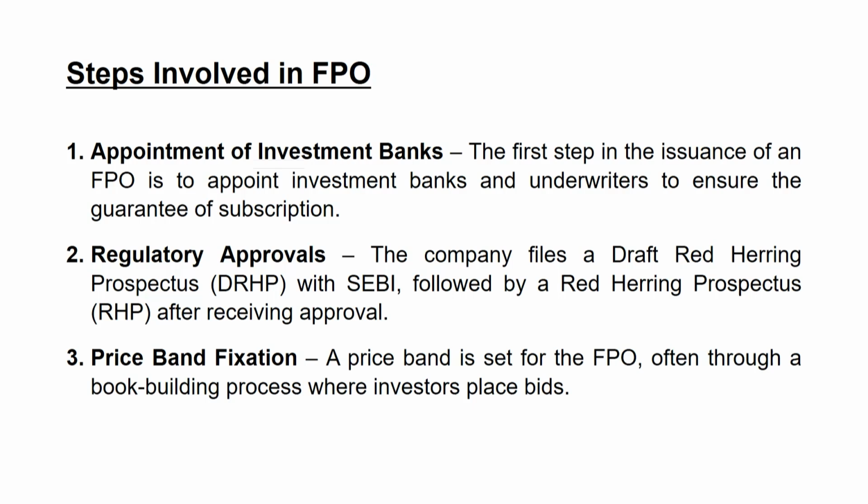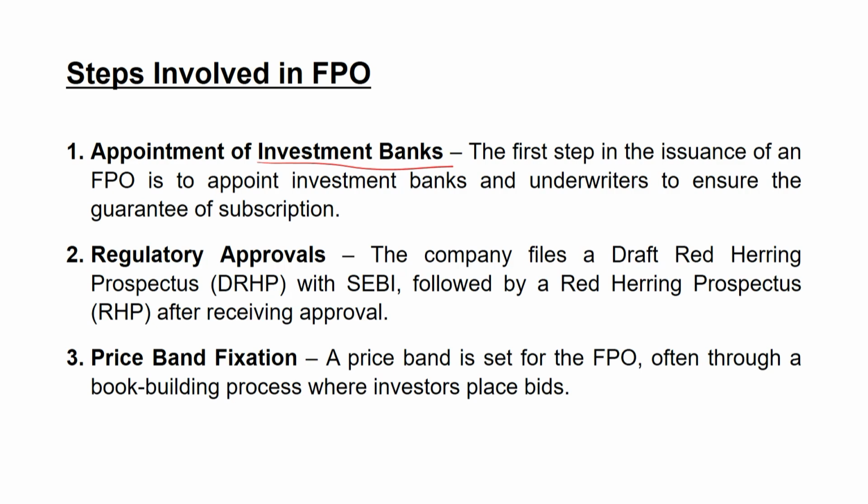Now, let us understand the various steps involved in the follow-on public offering. In a follow-on public offering, the first step of issuing the shares is to appoint an investment bank. As we discussed in IPOs also, the first step is the appointment of the investment bank or underwriter.